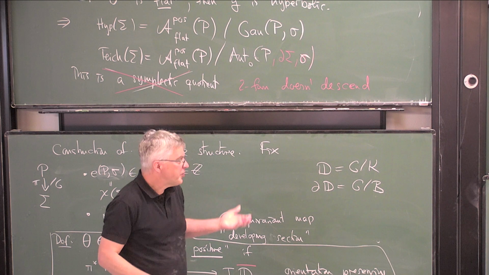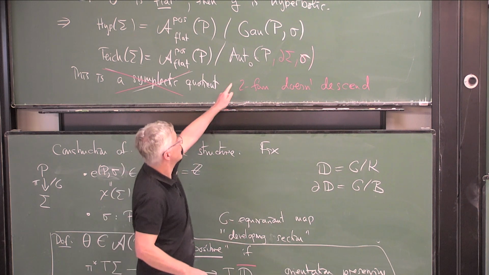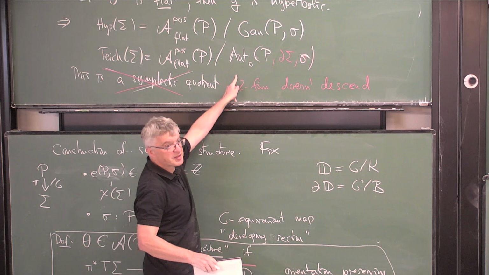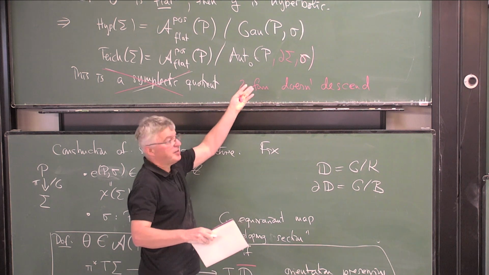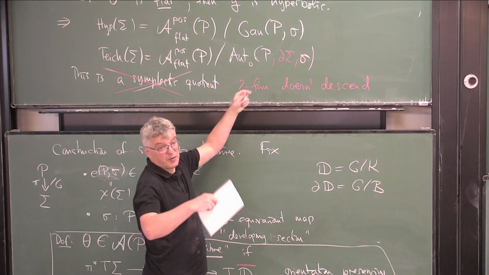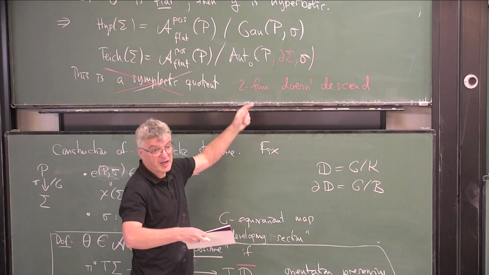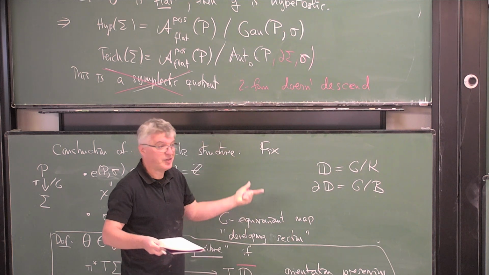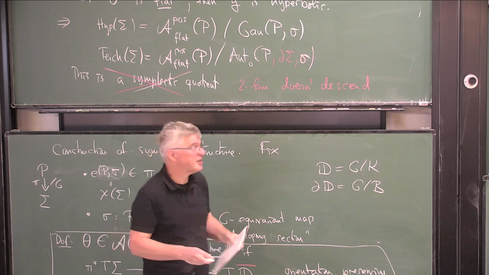A way of dealing with this problem is we just take the biggest group under which it does descend. The reason it does not descend is that there's a boundary. If you work out the moment map for this action, there are boundary terms, and they're just not zero. That's why it doesn't descend.